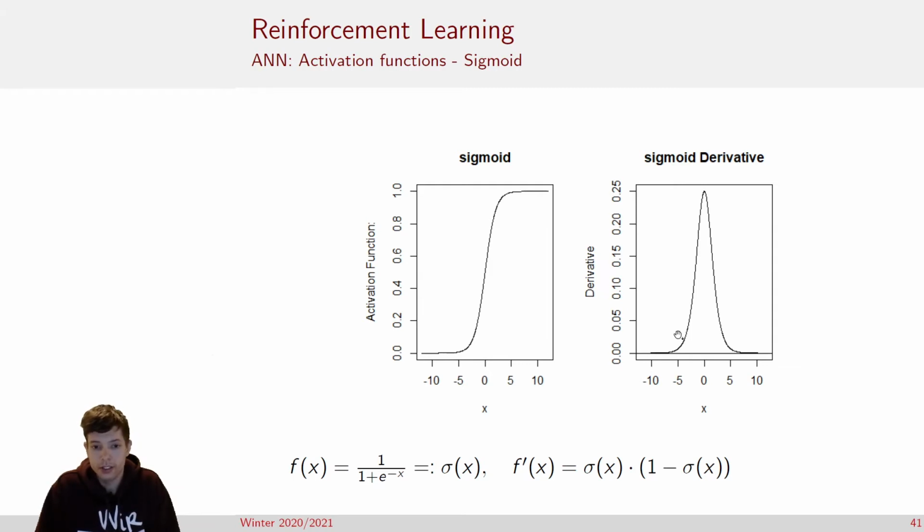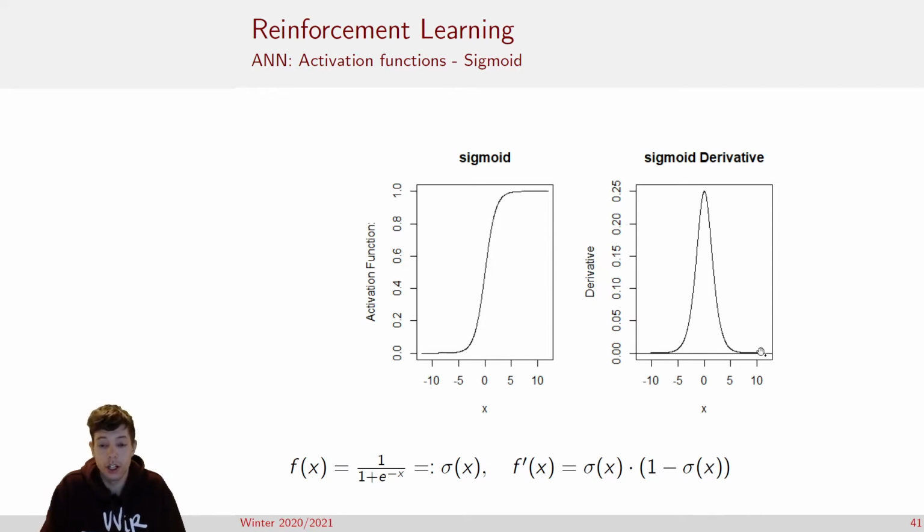One downside of the sigmoid function is that for both cases, when x is very small or x is very large, the derivative is basically 0.